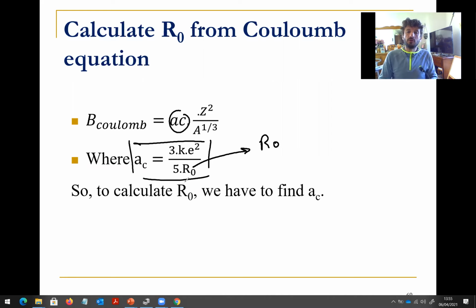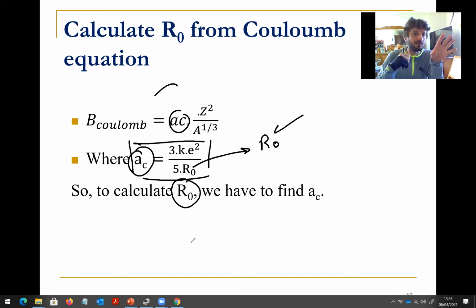If I tell you to calculate R0 directly without the calculation of B Coulomb, you can write directly AC equals 3k e squared divided by 5R0. We know the value of AC is given. You can calculate its value. I think it's 1.2 times 10 power minus 15 meter.